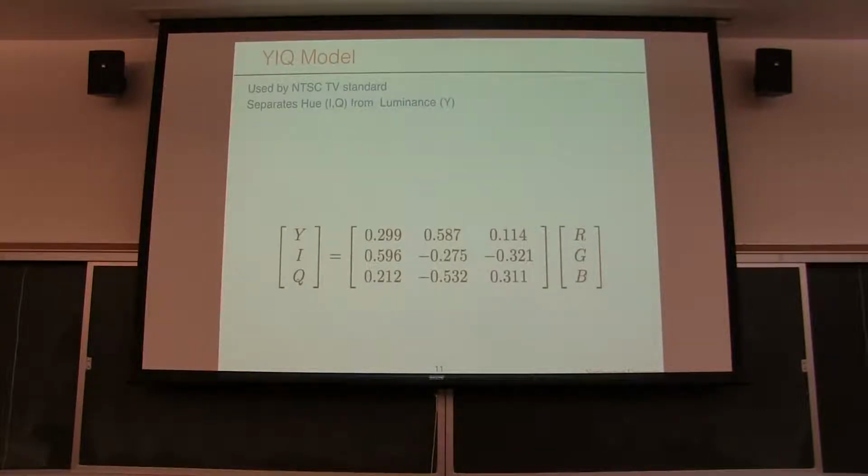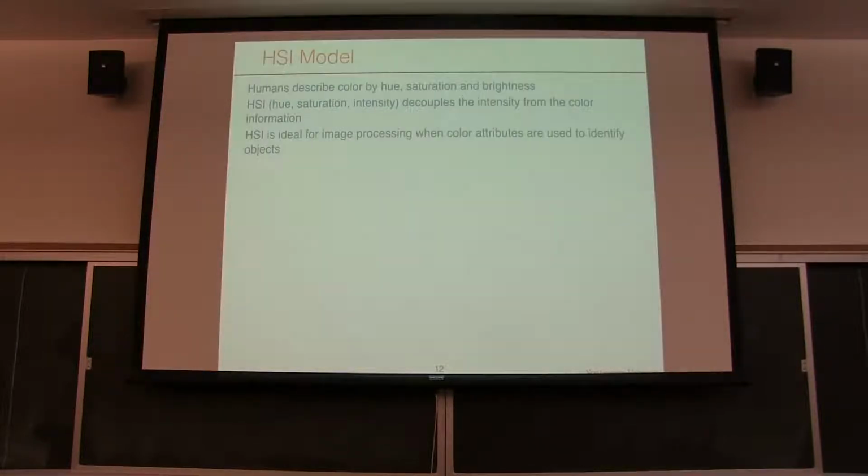And if you just look at Y, what you're going to see is the grayscale image that represents the color image in a way that looks similar to what we would perceive if it was color. And then I and Q have the color that can be added later on to produce a color image.